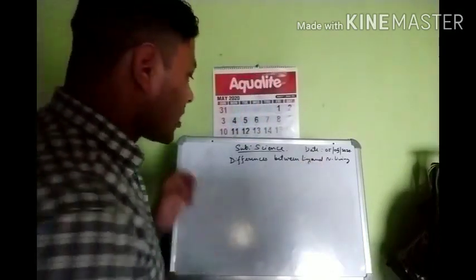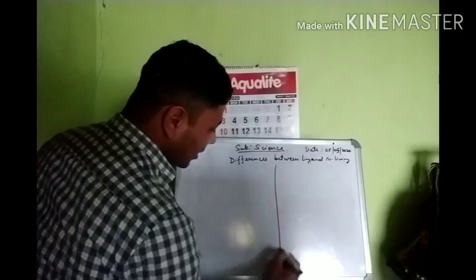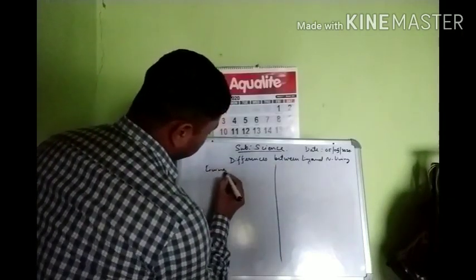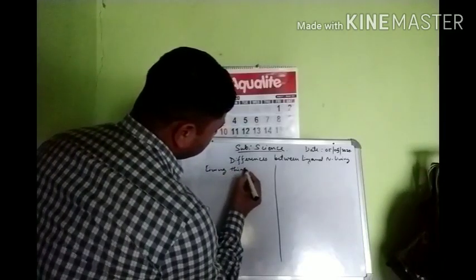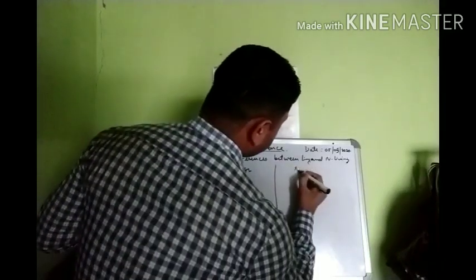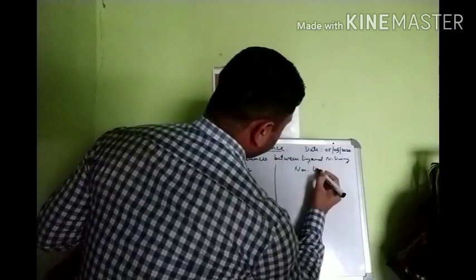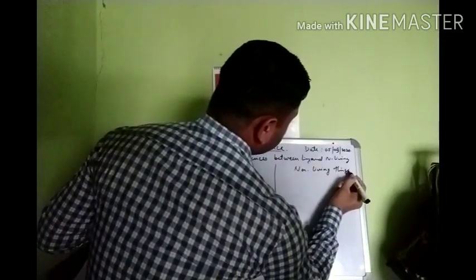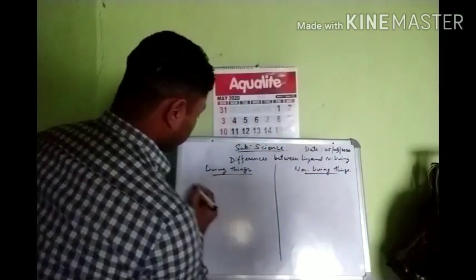Differences between living things and non-living things. Make a line here. This side you will be writing living things, and here non-living things. Okay. Number one point.